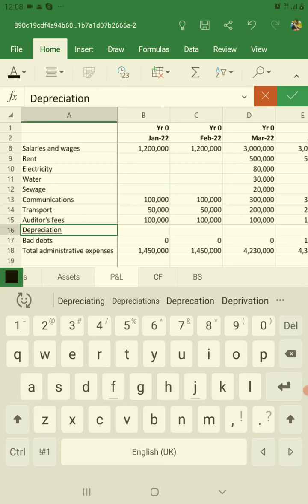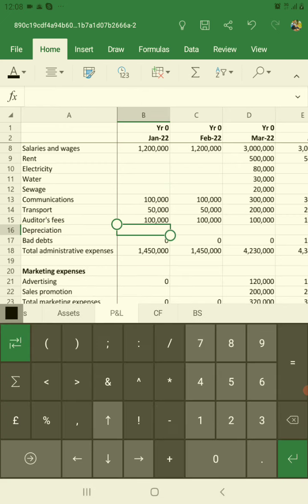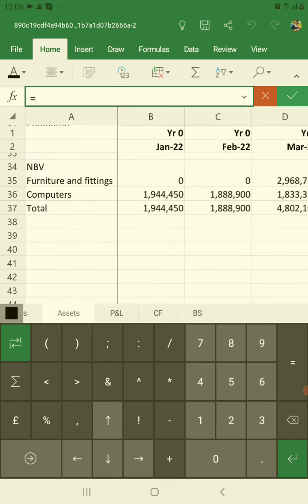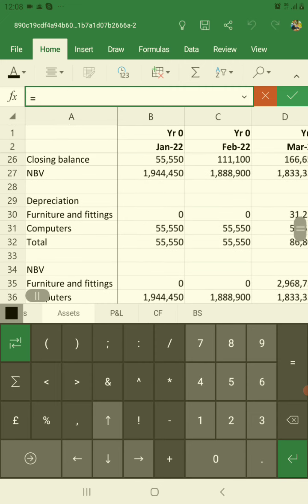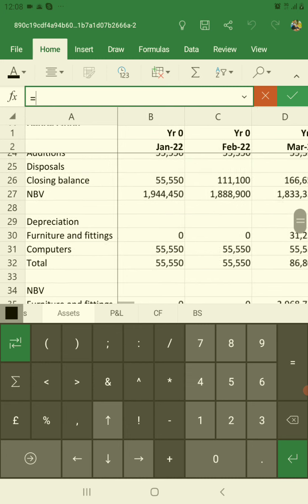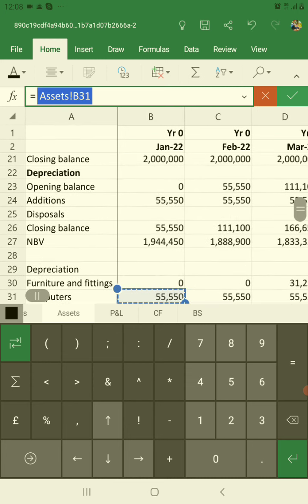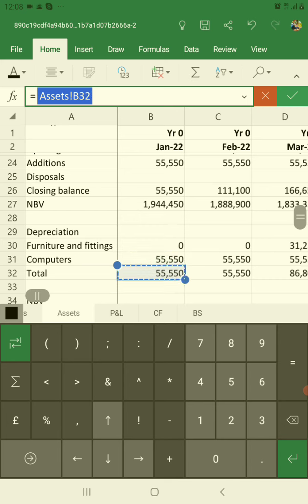So on January there, I click the equal sign and go click on the assets sheet to pick the figure for total depreciation in January, which is here. Depreciation here, oh sorry, here, not there, here, yeah, that is the total depreciation.